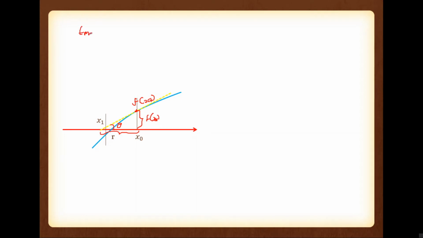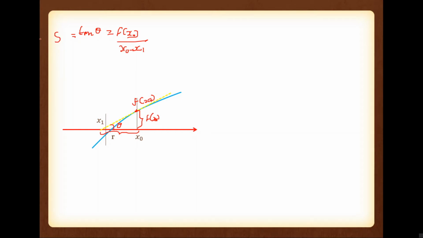Tan theta is equal to f of x0 divided by x0 minus x1. Normally we use this difference in y value divided by difference in x value to calculate something else. What is that? Is it slope? Yes, that is slope. So this is nothing but slope S.